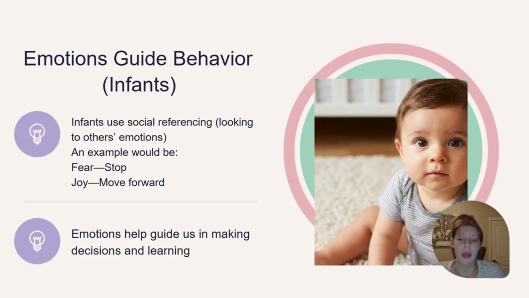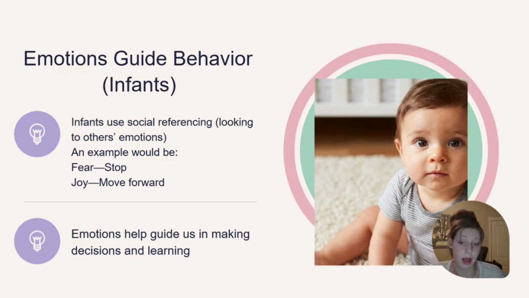They automatically look. And they also scan the room and see if people are yelling, if they're seeming happy, if they are seeming angry. They pick up on emotions very, very young. So an example would be fear, which shows them to stop feeling a certain way, and then joy, to move forward in how they feel. And emotions can guide us making decisions and learning.